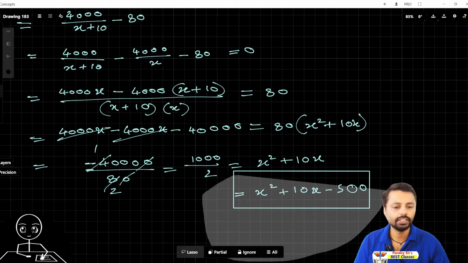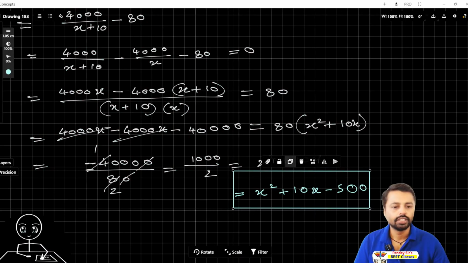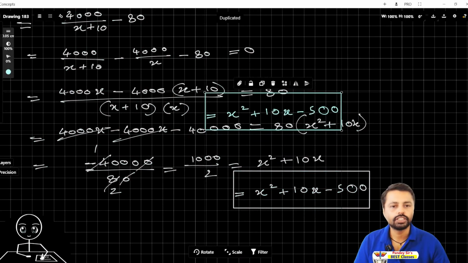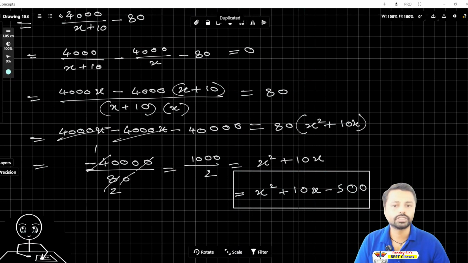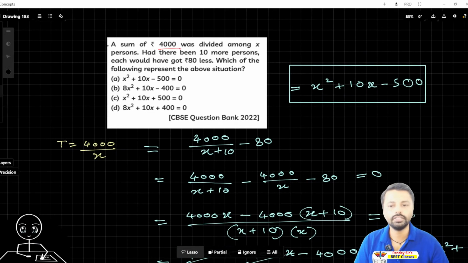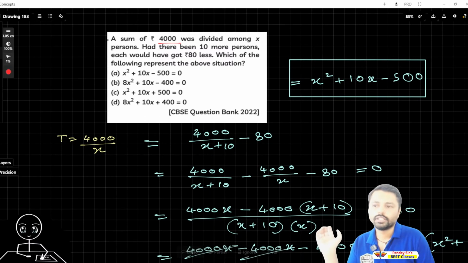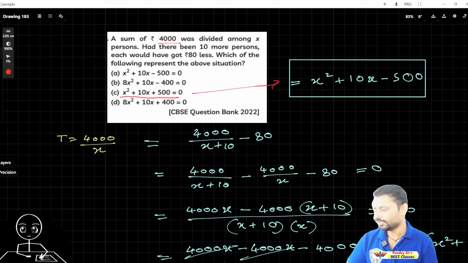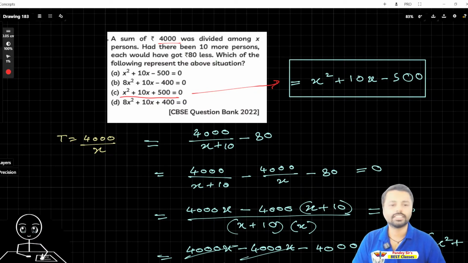And this is a very nice question. This question is good for practice. It comes as part of a 3 marks question and also a 5 marks question, that you need to form the equation and you need to solve it. So you see, can you see x square plus 10x minus 500, and this one, see, we did it. Okay, we found the correct answer and how to do it. Got it?